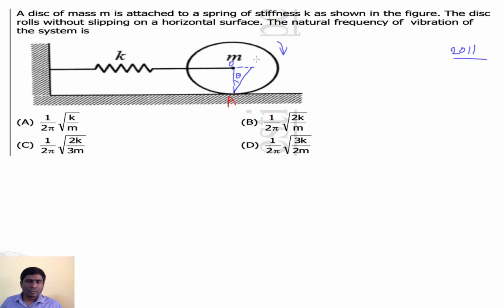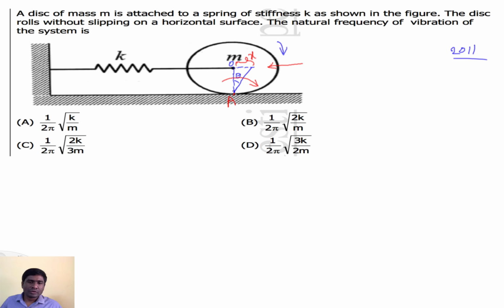That means this roll or the disk is rotating about the point A at this instant, and this is the distance x, the stretch distance that stretches the spring, and because of the spring there is a spring force acting in this direction, and this is moving like this, I mean rotating like this.